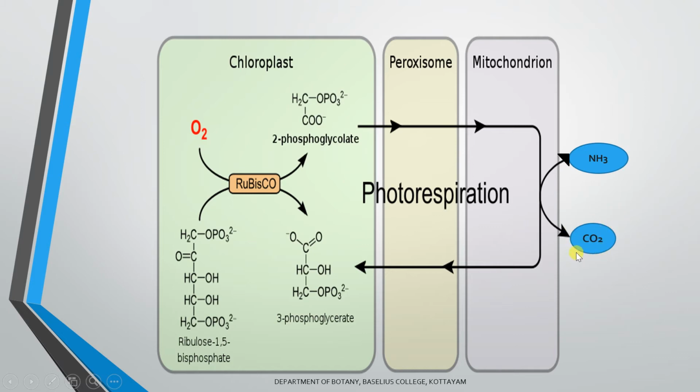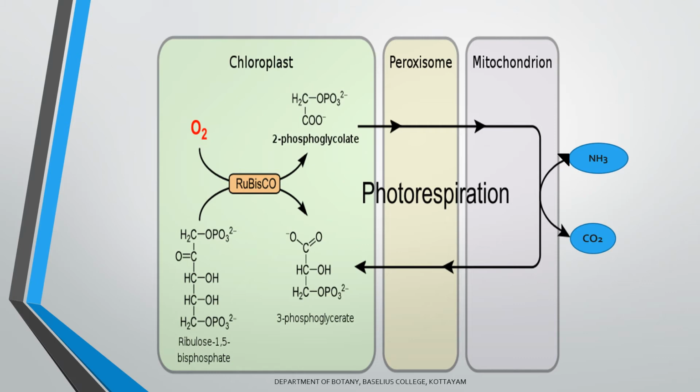Because of this release of carbon dioxide in the mitochondrion, photorespiration is considered a waste or unwanted process which reduces the photosynthetic efficiency of C3 plants. Okay.